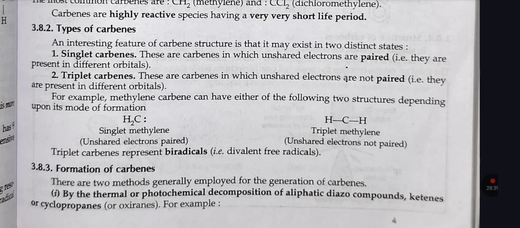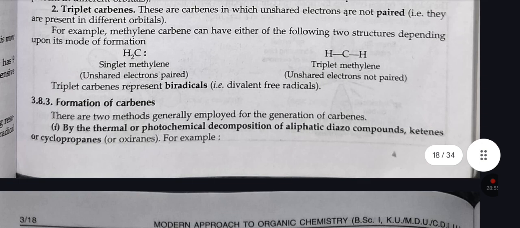These are carbenes in which unshared electrons are not paired, that is, they are present in different orbitals. For example, methylene carbene can have either of the following two structures depending upon its mode of formation: singlet methylene, unshared electrons paired, triplet methylene, unshared electrons unpaired. Triplet carbene represents a biradical, that is, divalent free radical.